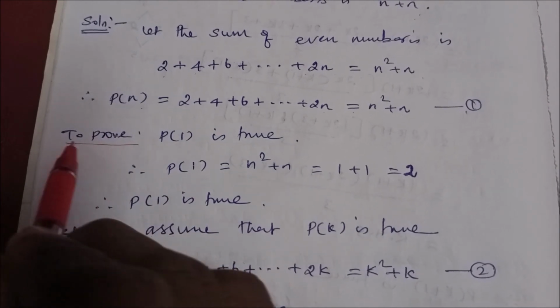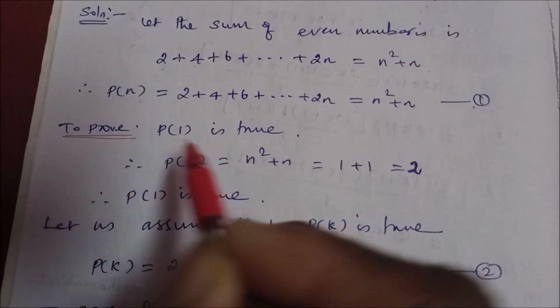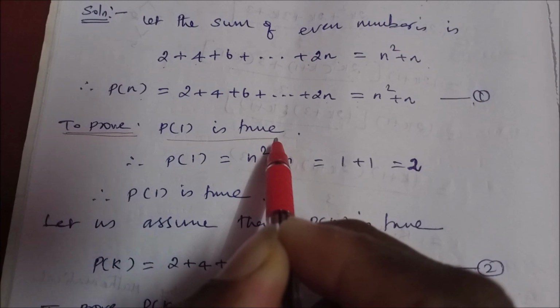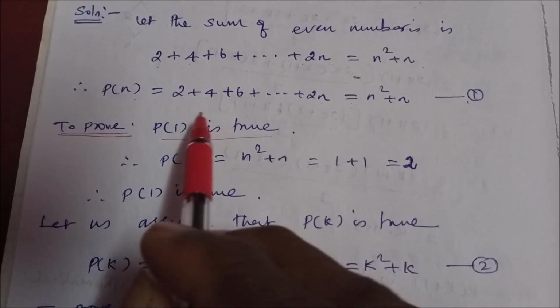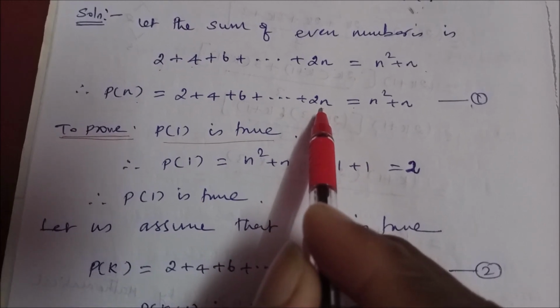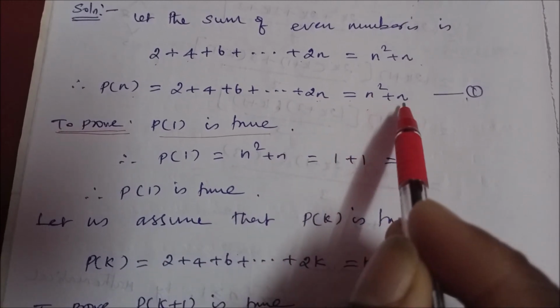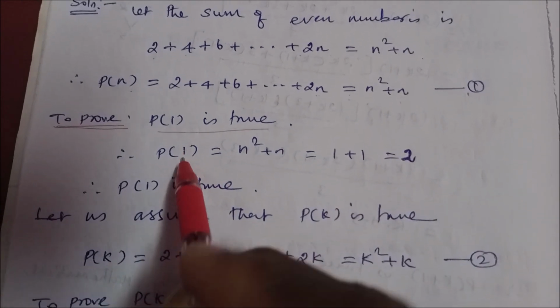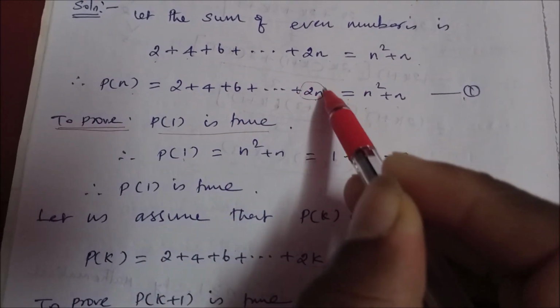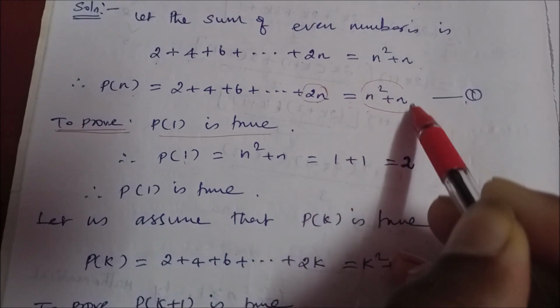Let us prove that P of 1 is true. First step is to prove P of 1 is true. The nth term on the LHS is 2n, and the RHS is n square plus n.